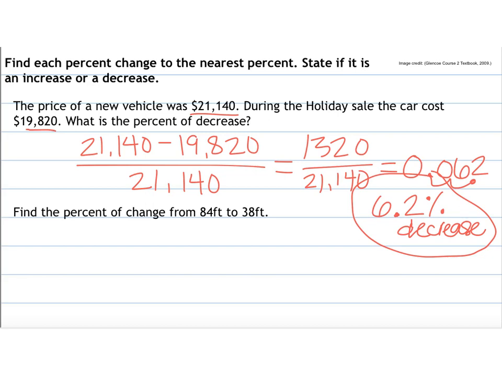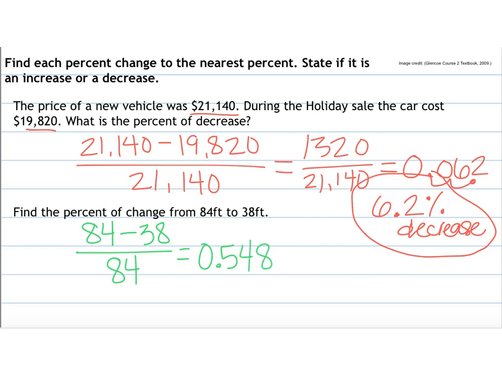And then last one, find the percent of change from 84 feet to 38 feet. So I take the difference, 84 minus 38. I have to put it over 84 because that's what I started with. That's my original. So I do 84 minus 38, and I get 46, and then I divide it by 84, and I get 0.548.